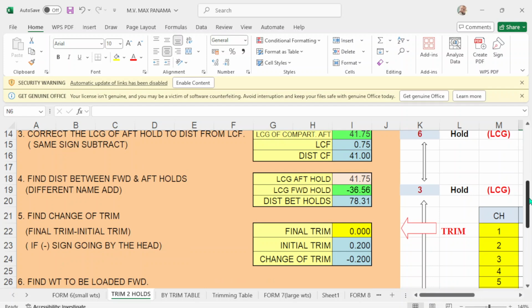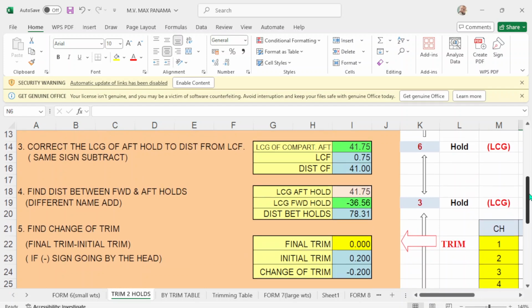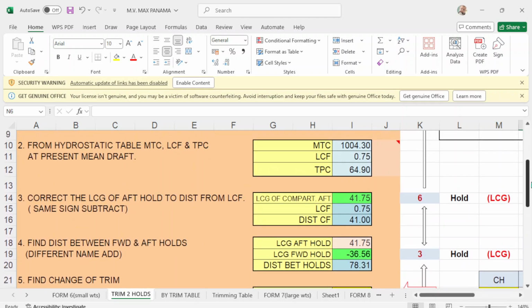But we are now in number 3, okay? The LCG of hold number 6 is 41.75. LCF is 75, and the rule, same sign, subtract.